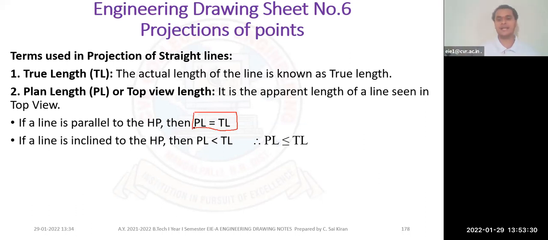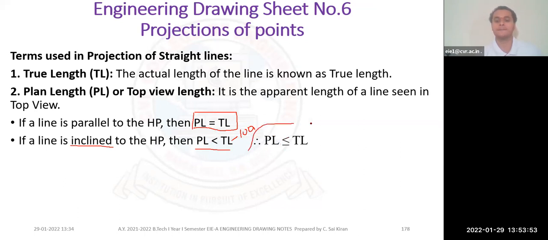Okay. So whenever a line is inclined, whenever I make an inclination to HP, then plan length is less than true length. True length is 100 mm. The plan length will be reduced, it will be less. So we can say that plan length can be either less than or equal to true length.